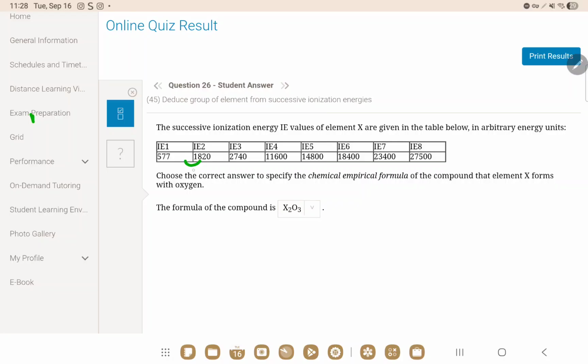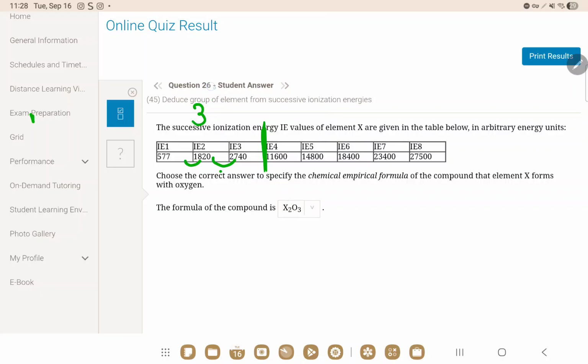Divide this by this, find the ratio. This by this, find the ratio. And then the one with the biggest ratio, like here, is where you stop. It means it only goes to the third ionization energy, which means it has a charge of 3 plus.